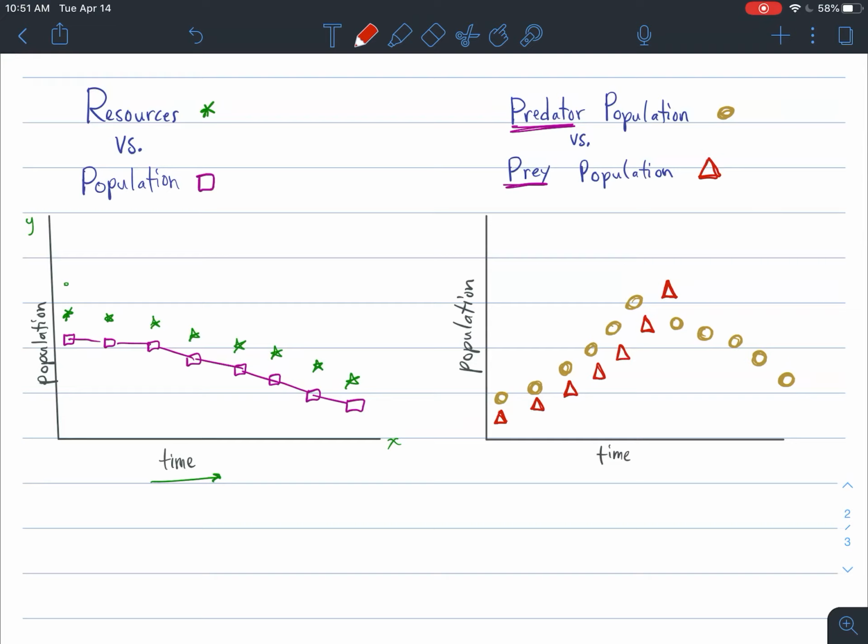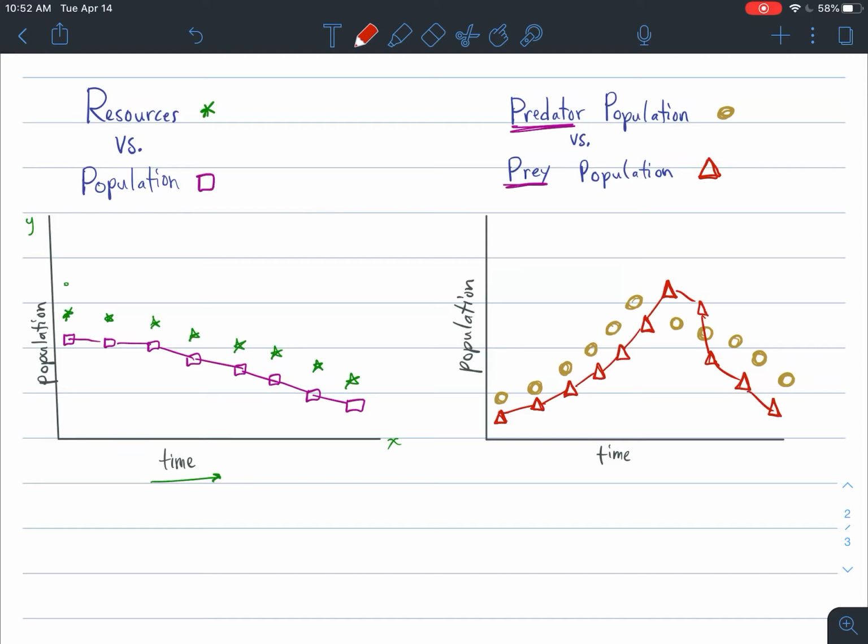So we end up seeing that the coyote population would also go down because we end up having not enough resources. So we see that the predator and prey populations end up being interrelated with one another. And that's why if there is a population of coyotes, they can't overpopulate and just continue to rise, because the number of resources would become depleted. So instead, their population starts to go down as the number of resources go down.